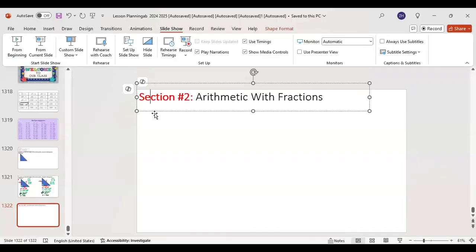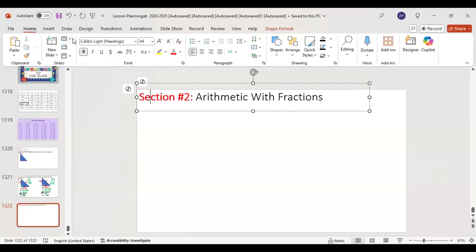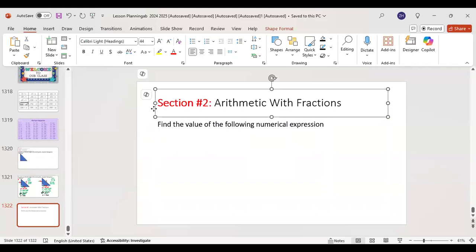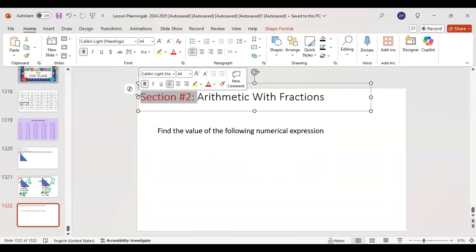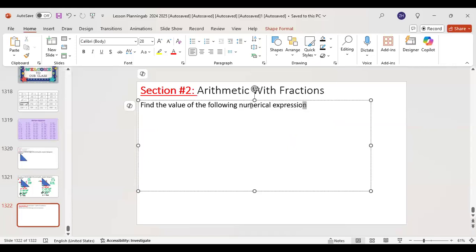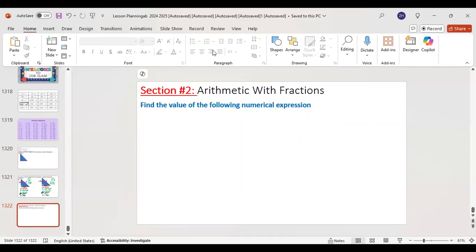Find the value of the following numerical expression.